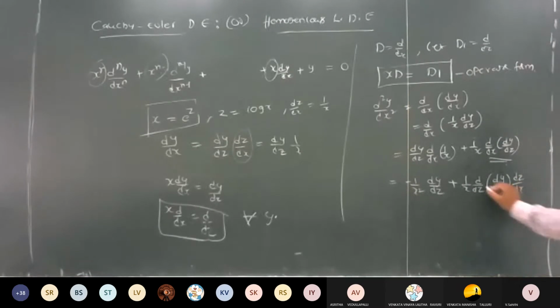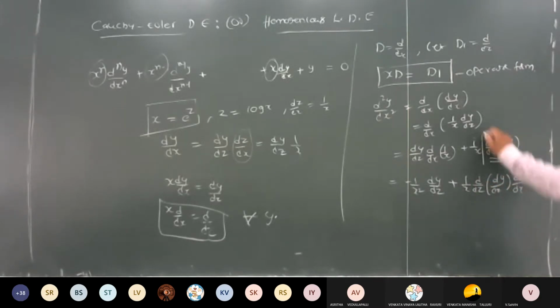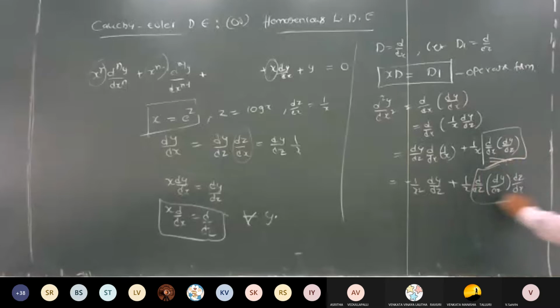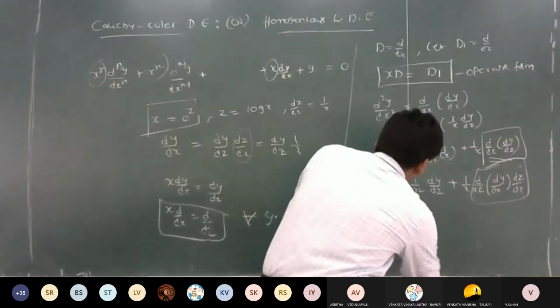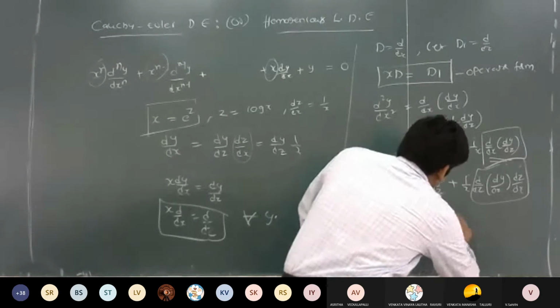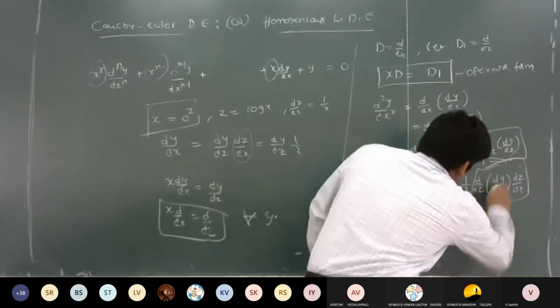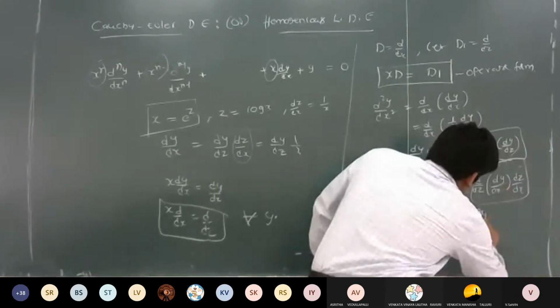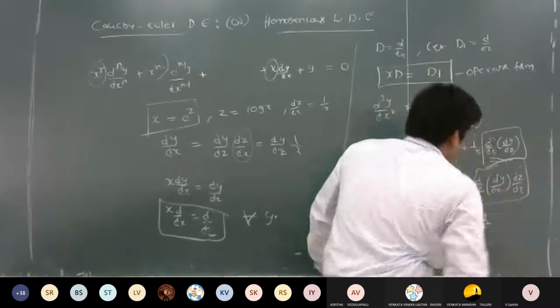This is by using the derivative rules. Therefore this is equal to minus 1 by x square dy by dz plus 1 by x into d square y by dz square.